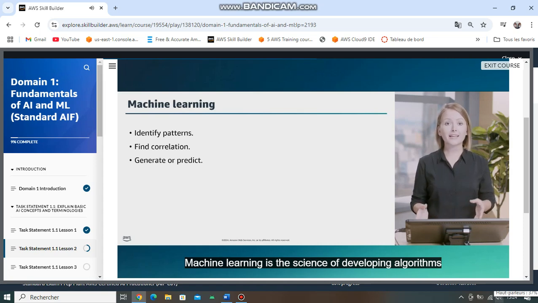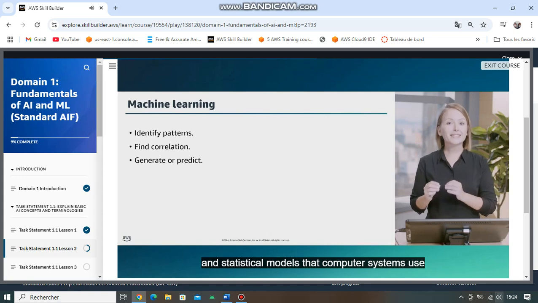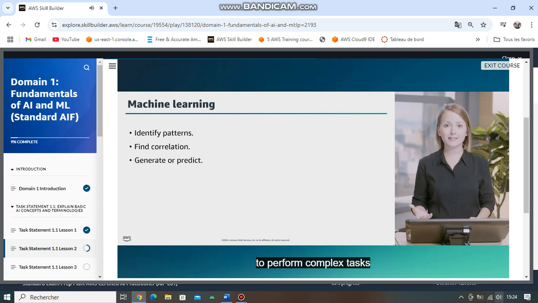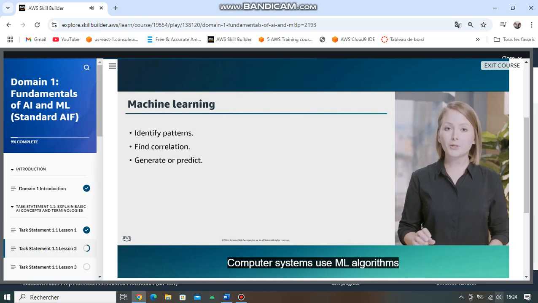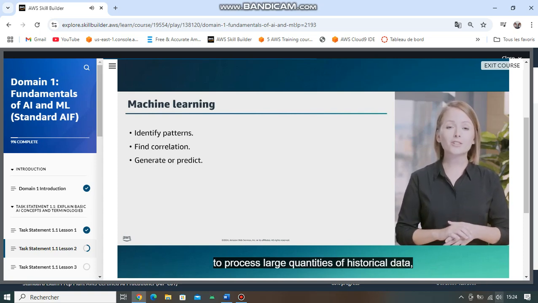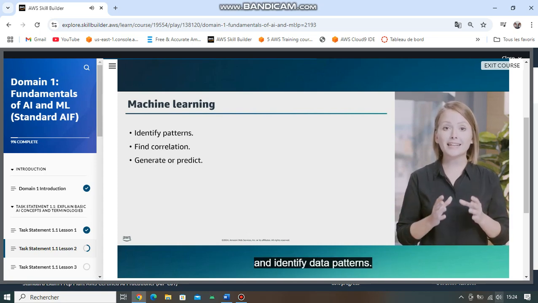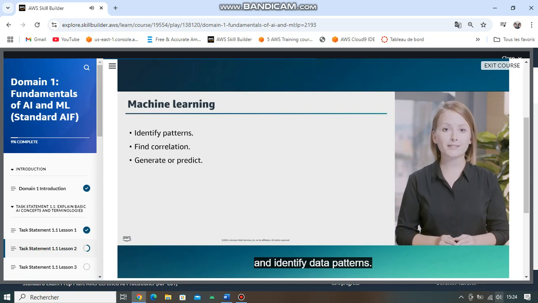Machine learning is the science of developing algorithms and statistical models that computer systems use to perform complex tasks without explicit instructions. Computer systems use ML algorithms to process large quantities of historical data and identify data patterns.